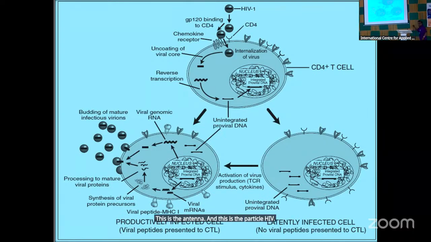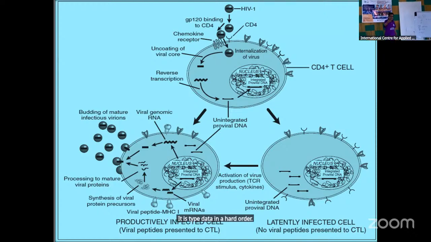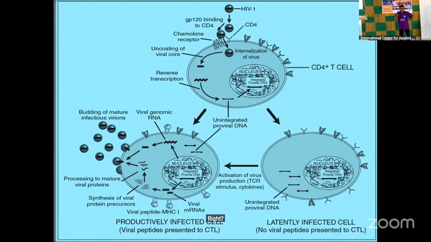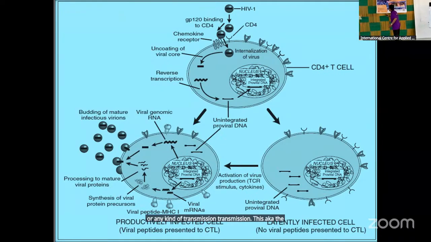It comes into our body from an infectious person, who may not be an AIDS patient but an HIV patient. When they interact through an illegal relation or any kind of transmission, this HIV enters through the chemokine receptor.